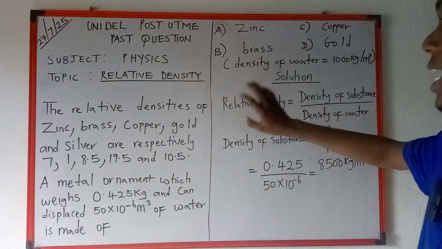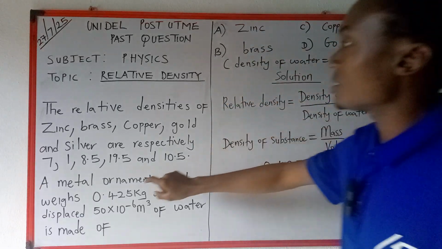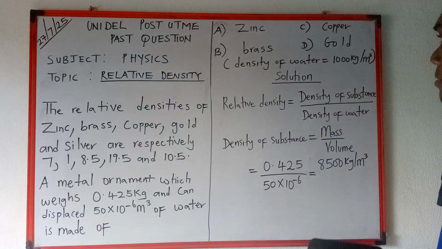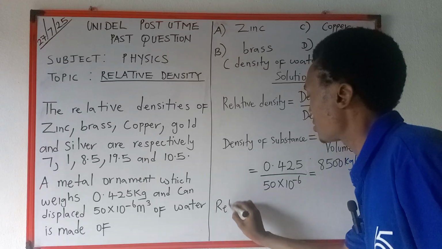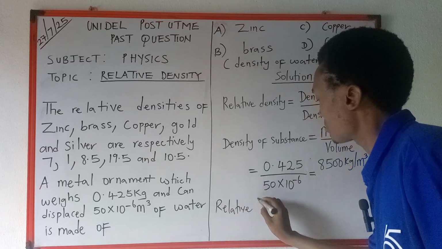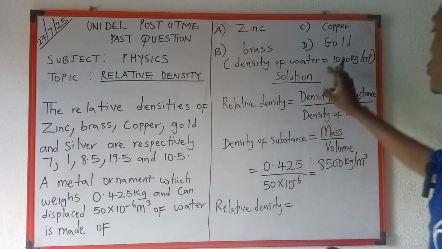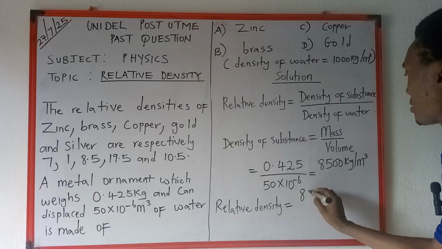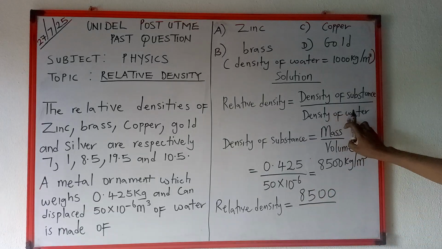Take note, they are asking which of these metals is going to bear 7, 1, 8.5, 19.5, and 10.5. So now let's get the relative density. Relative density: the density of the substance we have solved to be 8500 over the density of water.